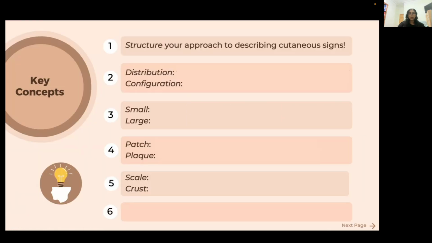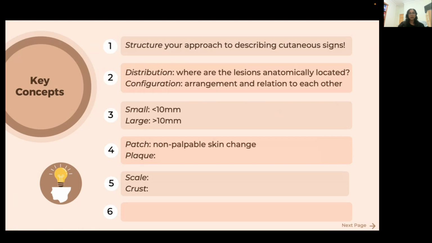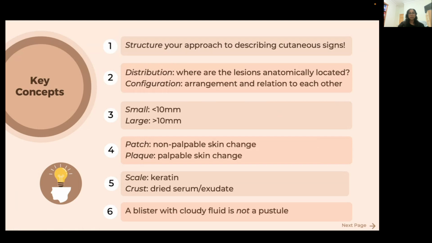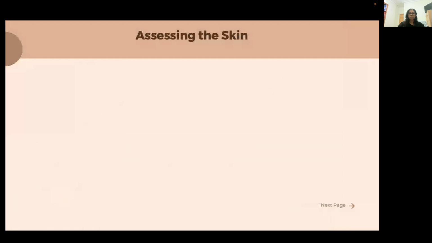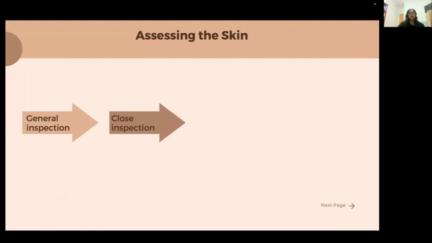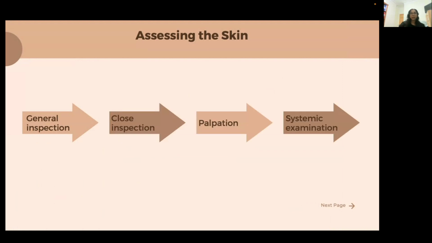Okay, so I'm going to skip through this just because of time, but it's just recapping what we spoke about before. So just to reiterate, when assessing the skin, inspect generally, then closely, then palpate, and then do a systemic examination.